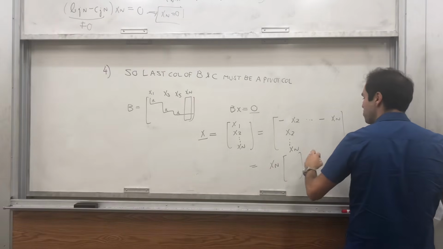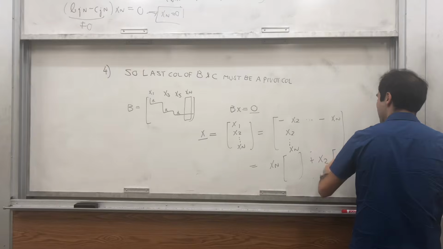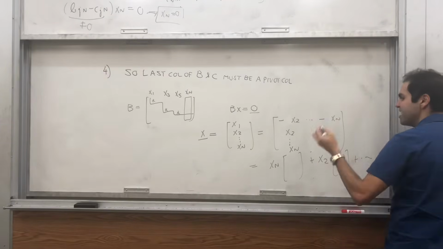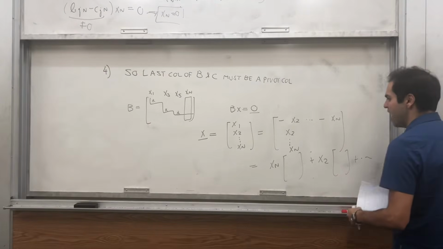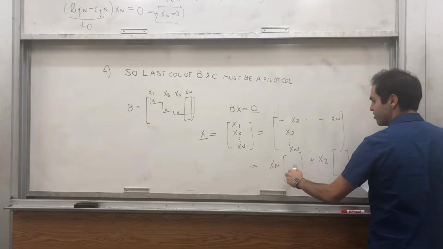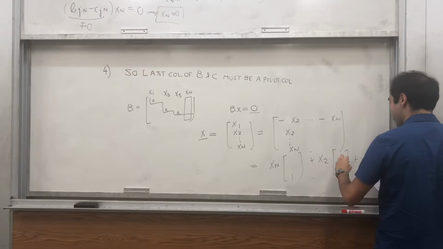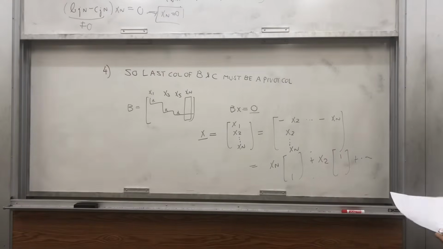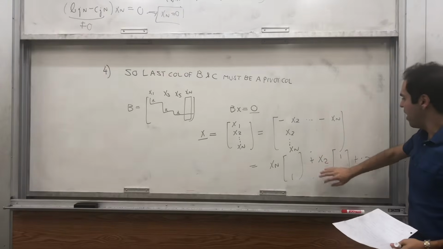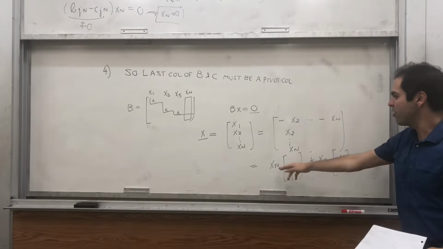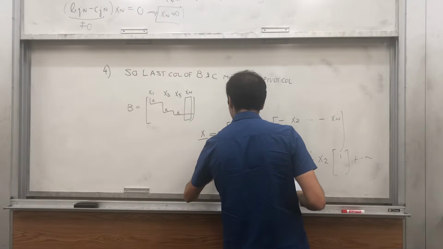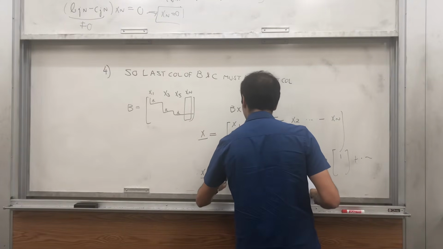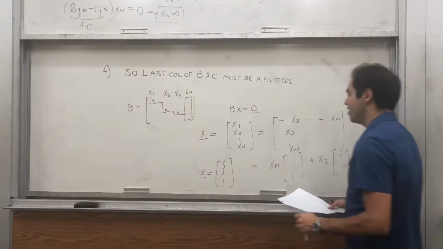So the solution would be a combination of xn times 1, x2 times 1, and any other free variables. In particular, if you choose anything else equal to 0 but xn equals 1, then you would get a solution of the form x equals whatever and 1.